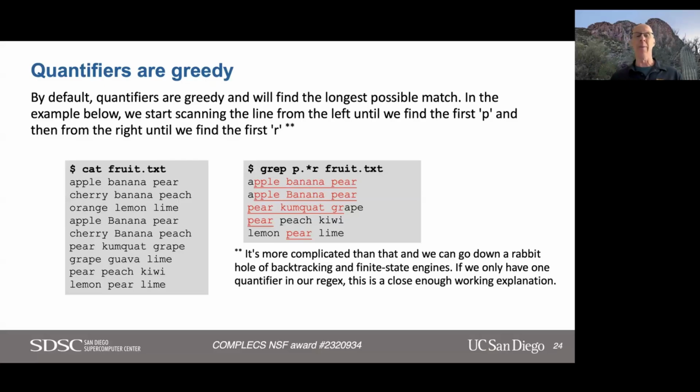So we're going to get matches like the first P in apple through the last R in pear. Or, in the third line, the first P in pear through the first R in grape. So in each of these cases, it was the longest possible match that was returned. And a little bit later, we're going to contrast this to what we call lazy matching.